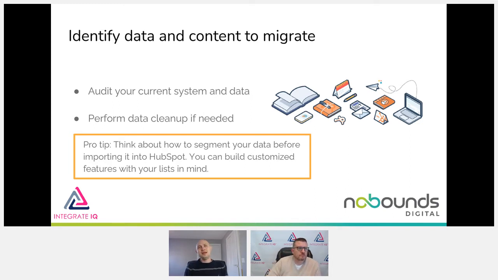I want to consolidate the data, and then once we have something that resembles a precursor to your source of truth, we're going to be able to segment it in different ways as well. When we have this big picture view of your data, we can do some really solid things to improve your marketing, sales, and service processes out of the gate by knowing really what we're dealing with.